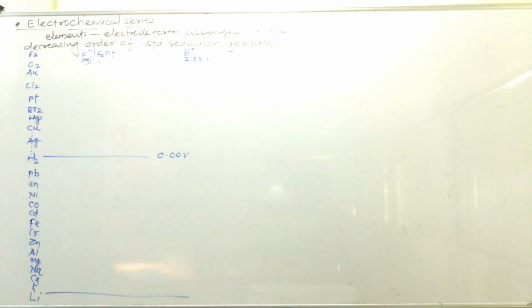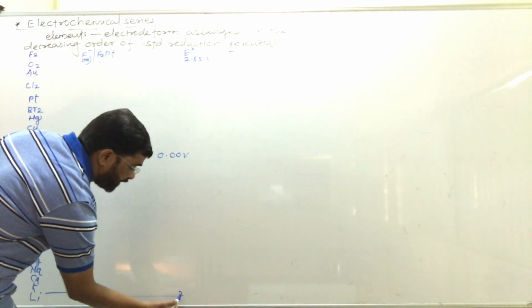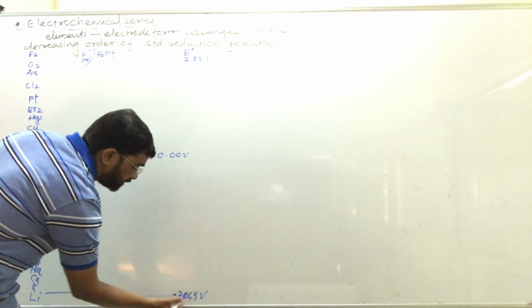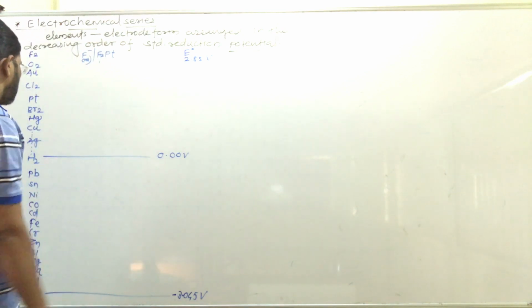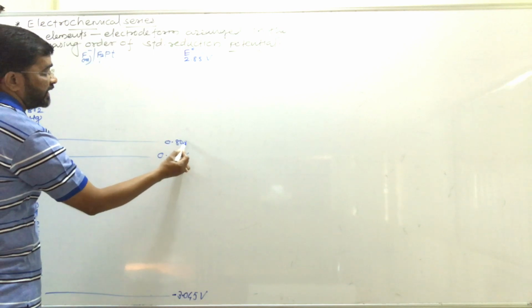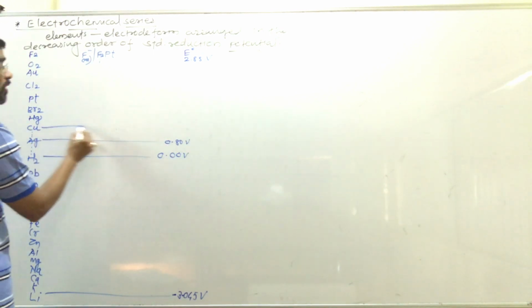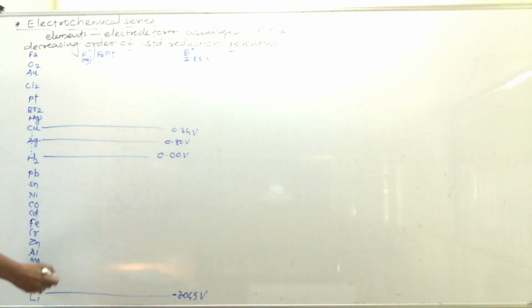The standard reduction potential value of lithium is minus 3.045 volt. Some of the elements I would like to tell you: silver is 0.80 volt, copper is 0.34 volt, like this.